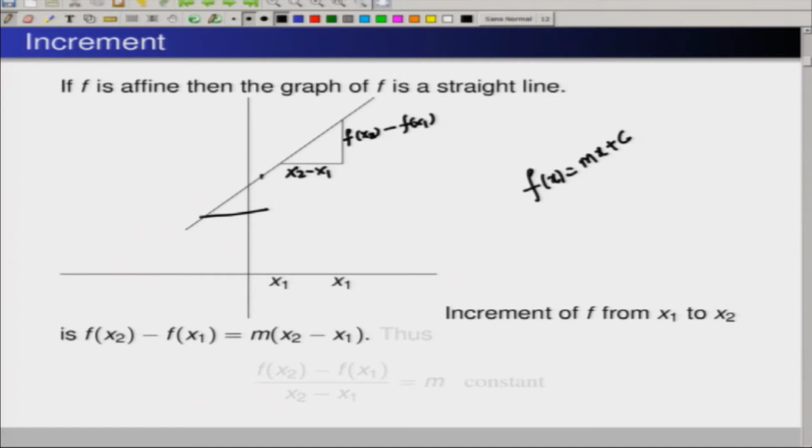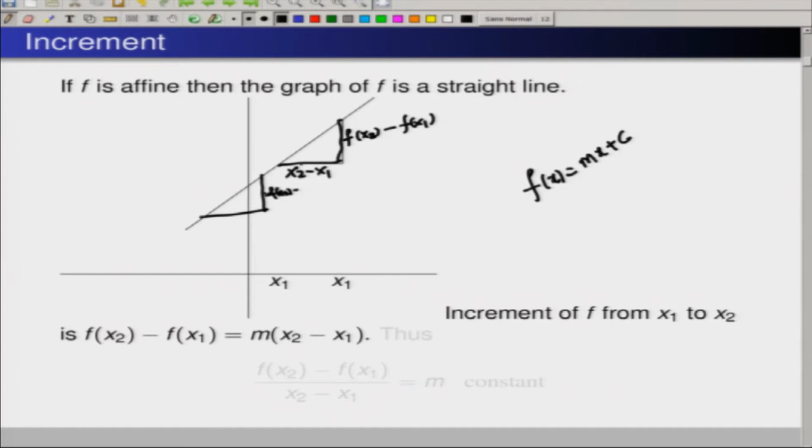Thus, in the case of an affine function, if I take my x 1 and x 2 here, then this is f of x 2 minus f of x 1, and this is x 2 minus x 1. As you can see, the ratio of this divided by this is going to be equal to m. This m does not depend on where your x 1 and x 2 are. The ratio f of x 2 minus f of x 1 divided by x 2 minus x 1 is going to be constant.